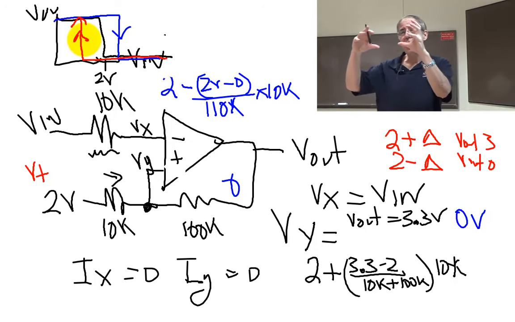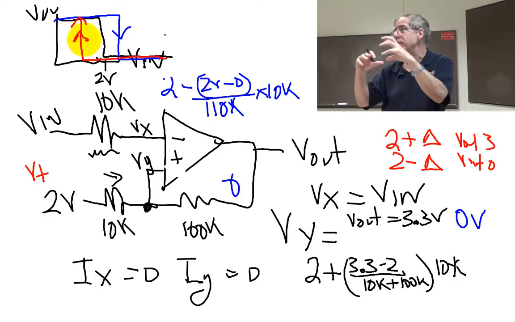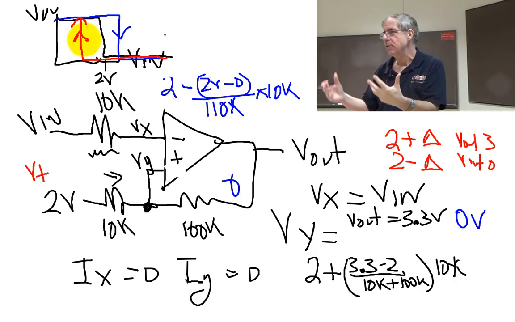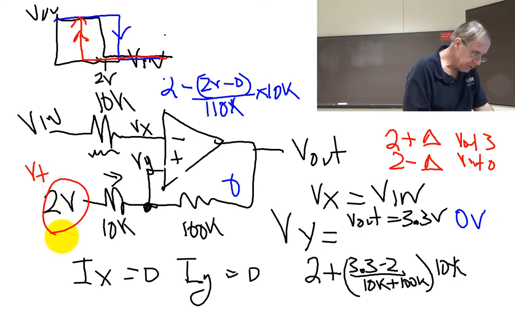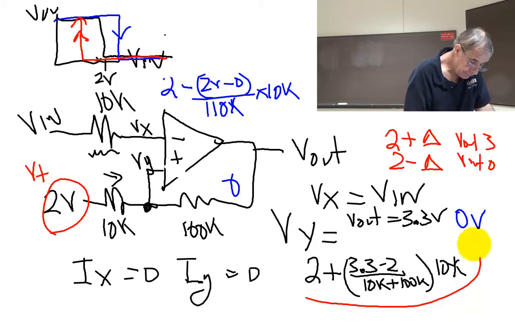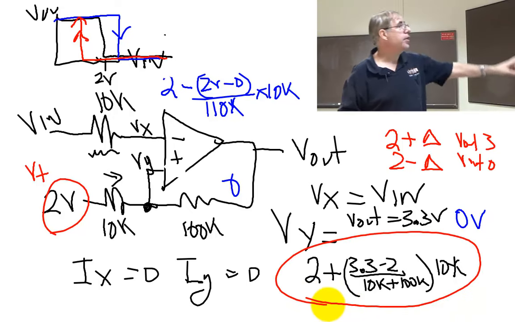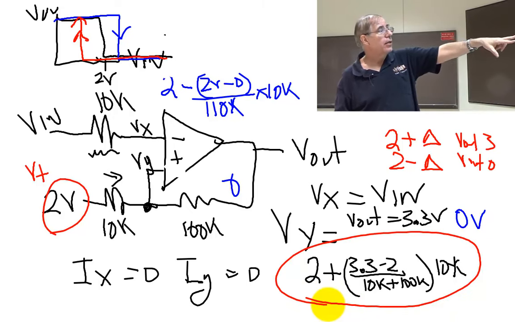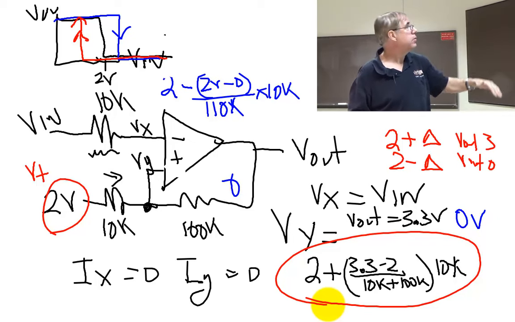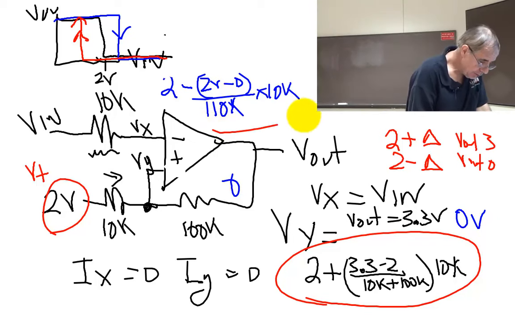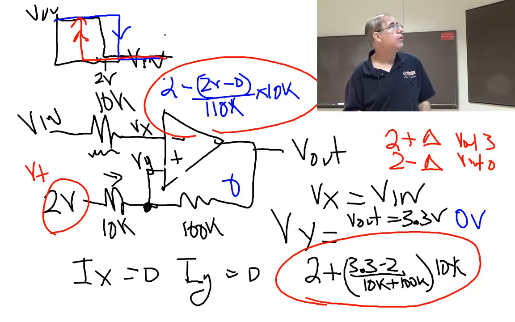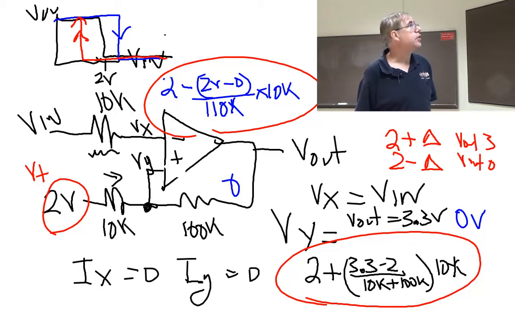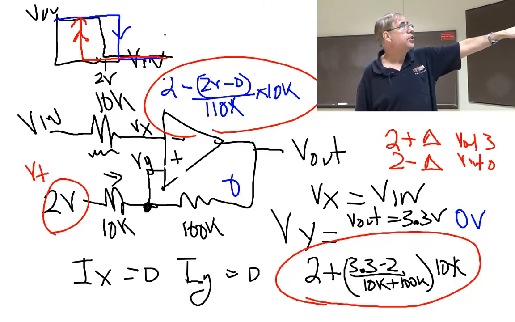And this hysteresis value is a function of the difference between the threshold and the 3 and 0. Here's the equation right there. The difference between the thresholds and the 3 and 0, there's one, here's the other, and the ratio of the resistors chosen. So if I want a bigger hysteresis, I'm going to make the resistors close to each other.